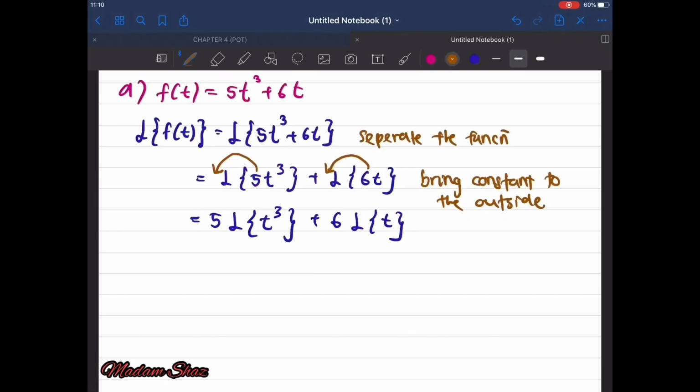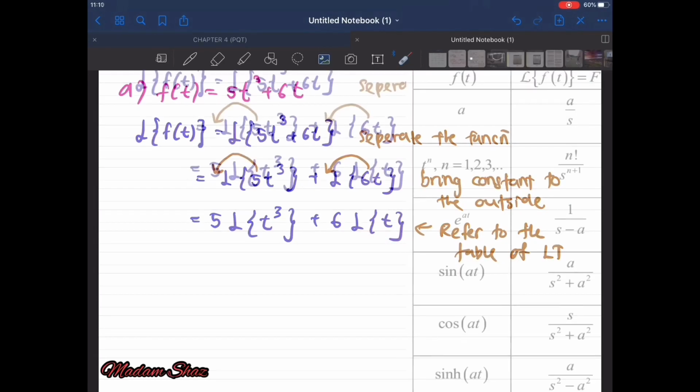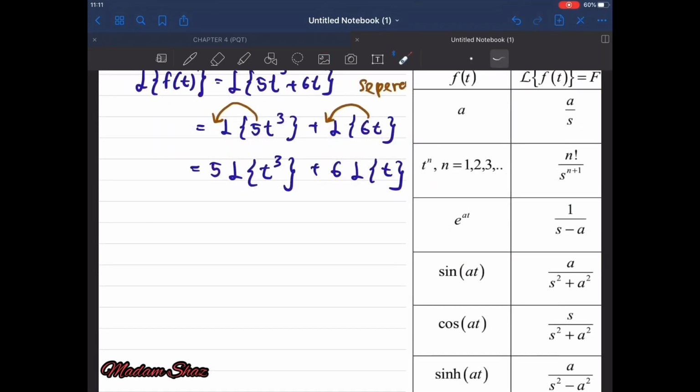Now you have to refer to the table of the Laplace transform. Check L{t^3}: when you transform it, it becomes what? And L{t} becomes what? So refer to the table.